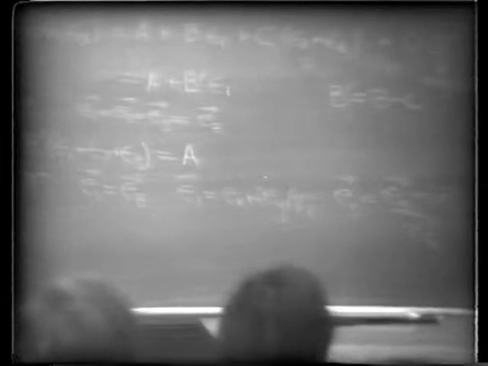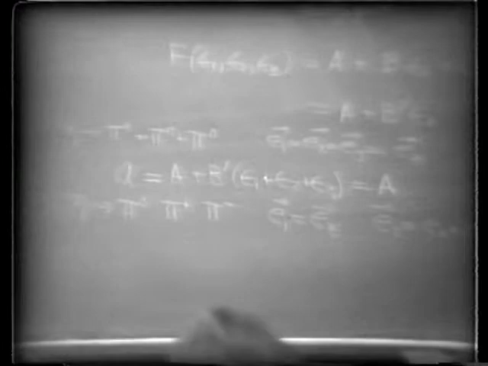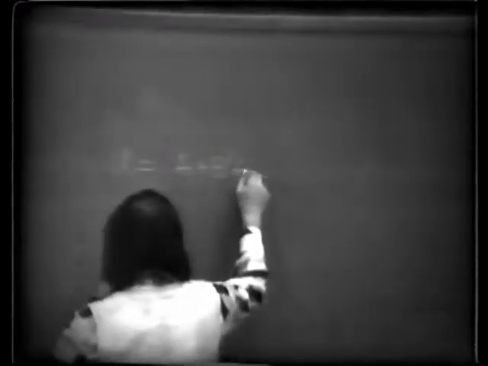E sub z is orthogonal to E2 and E3, and I obtain the decay amplitude is just the first term, A plus B prime epsilon 1. Thus, the distribution in the Dalitz plot in the linear approximation is independent of the pi plus and pi minus energy, but depends linearly on how much energy is given to the pi naught.